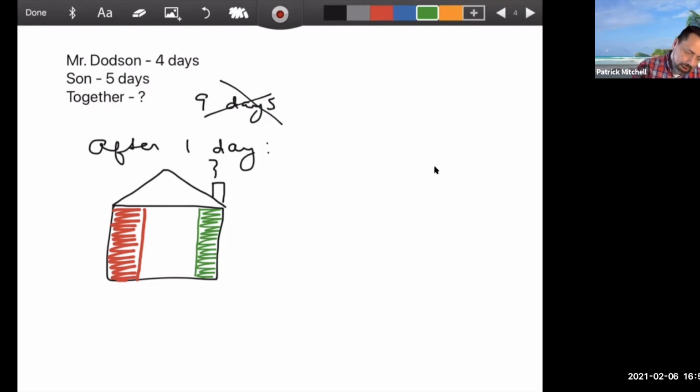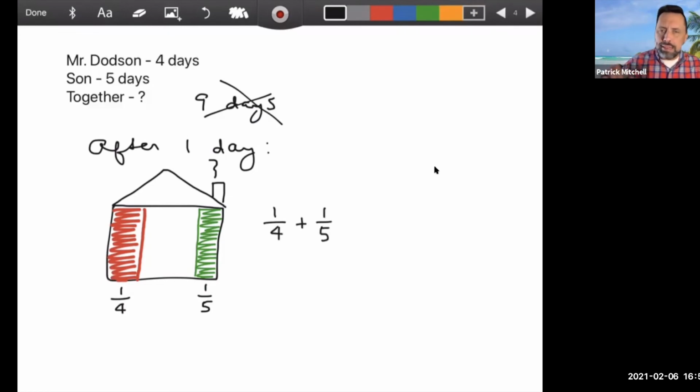Okay. All right. So again, after 1 day, Mr. Dodson has done 1/4 of the house. The son has done 1/5 of the house. Together, they have done 1/4 plus 1/5. And by the way, you really don't have to write down this part. I'm just trying to sell you on the way that we're going to do this. So how do you add 1/4 plus 1/5?